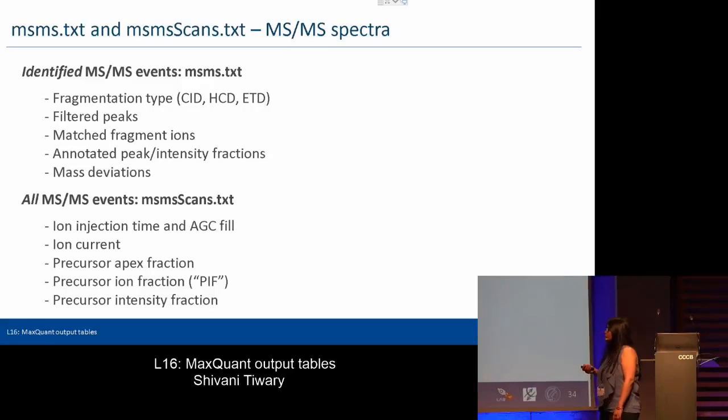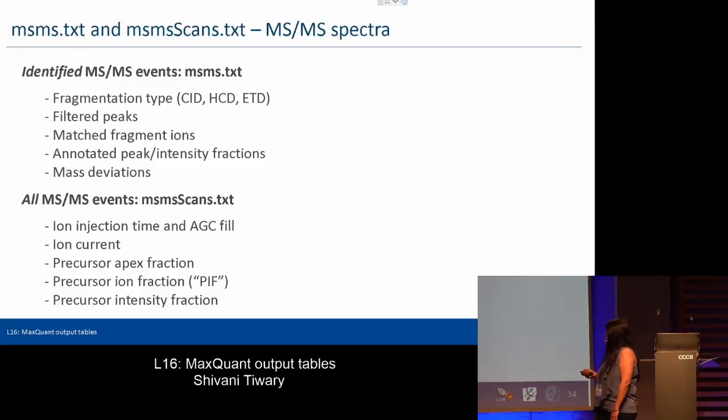For all MSMS events, whether identified or not, you still have all the information in the MSMS scans table. Here you find the ion injection time and the AGC fill parameter. Ion injection time is the time required for injecting your ions, and AGC fill is the parameter describing how long you waited in the C-trap, and how close it was to your target or not.